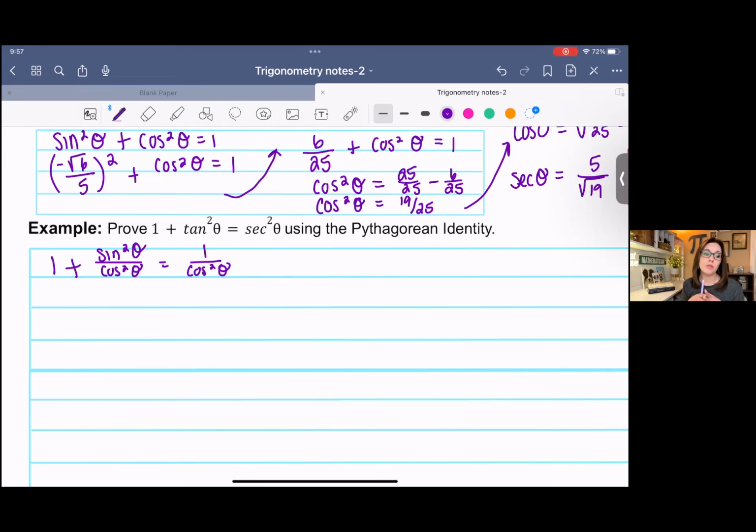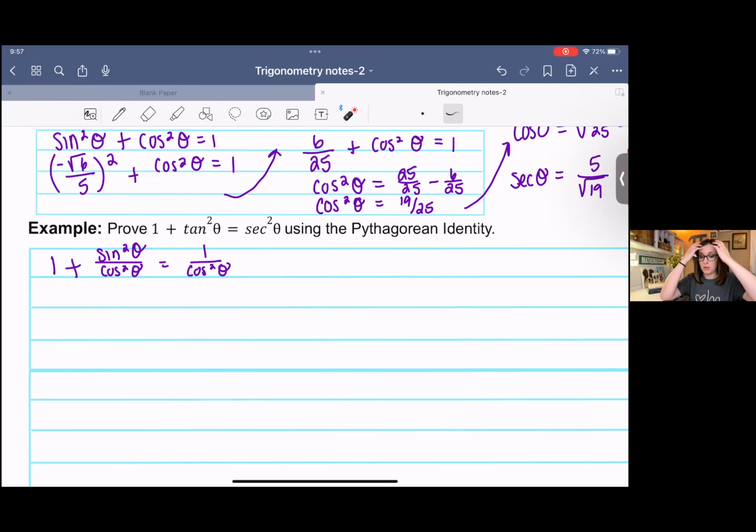And then from here, there's again two ways you can approach this problem. I could subtract this over here since I have a common denominator there, and then use some Pythagorean identities to simplify, or I could convert this to have a common denominator with this and go from there.